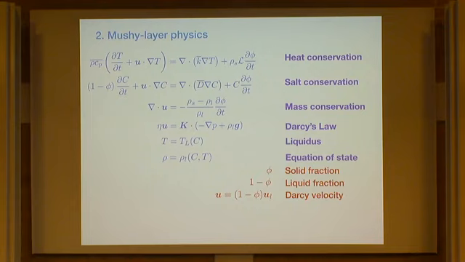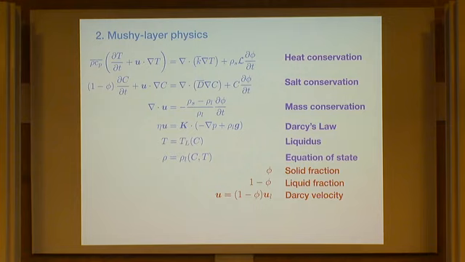So salt conservation: we only really need to consider salt conservation in the liquid phase, so that's what this equation shows, and again, there's a sink or source term associated with phase change. It's usually the case that we neglect the density difference between the phases, apart from in the buoyancy term.